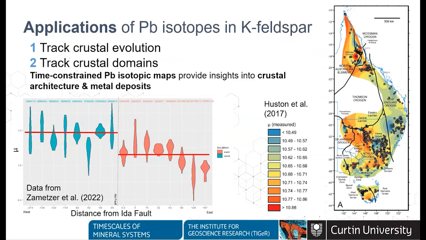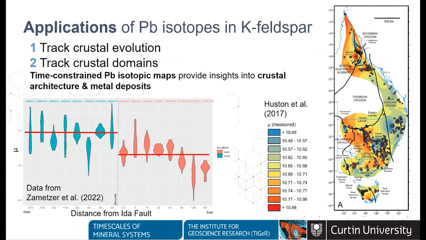On the left-hand side, we have a study from Andy Samitsa and others on lead isotopes across the Ida Fold and the Yilgarn Craton, where they show that lead isotopes track this crustal boundary. In this figure, we have the Ida Fold in the center, and lead isotopic signatures to the west and to the east of the Ida Fold. As you can see, they're distinct, so they seem to track this crustal boundary.